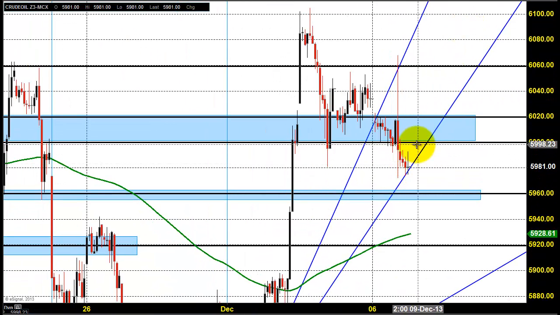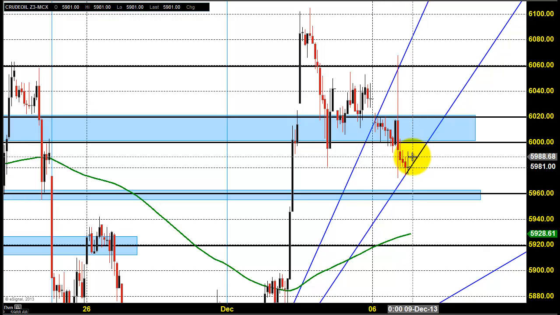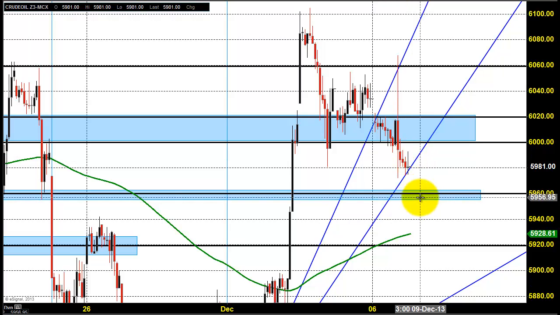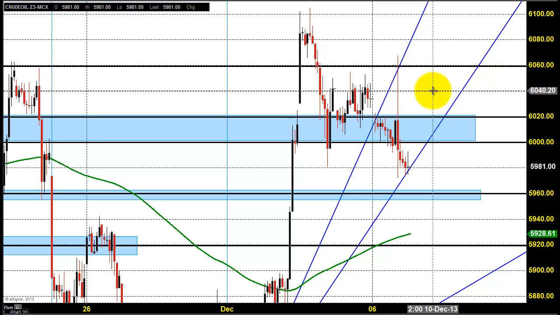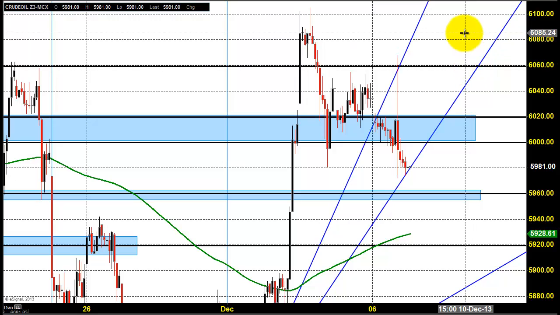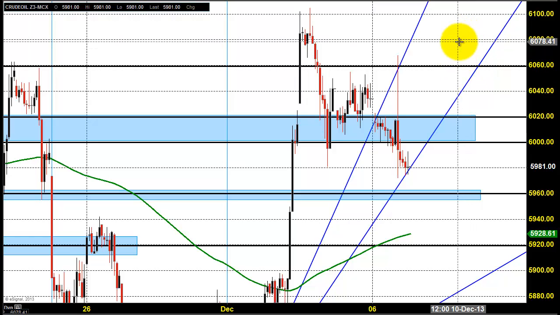What things should happen for crude oil to reach the expected target for buying? 5960 should act as a very strong support. We cannot take this 5960 easily. We want a price closing above 6020 today, and in the coming days a closing above 6060, so that it gets a lot of momentum to push the price till 6120 and 6160.